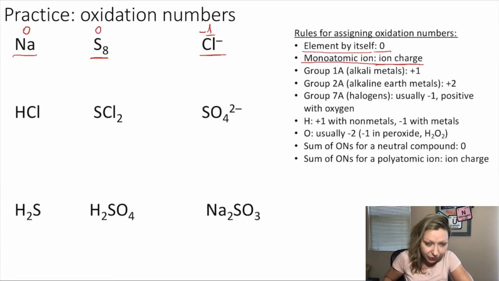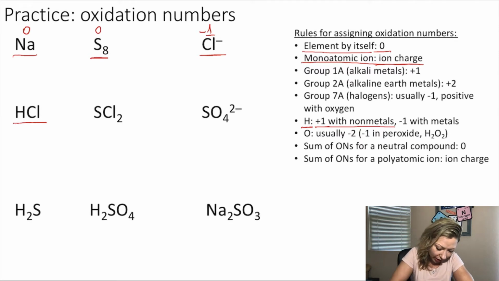Okay, let's move on to the next one, hydrochloric acid or HCl. Do we have a rule for hydrogen? We do, right? Hydrogen is +1 with nonmetals. Is chlorine a nonmetal? It is, right? So above hydrogen, we can write a +1. Do we have a rule for chlorine? We do, right?